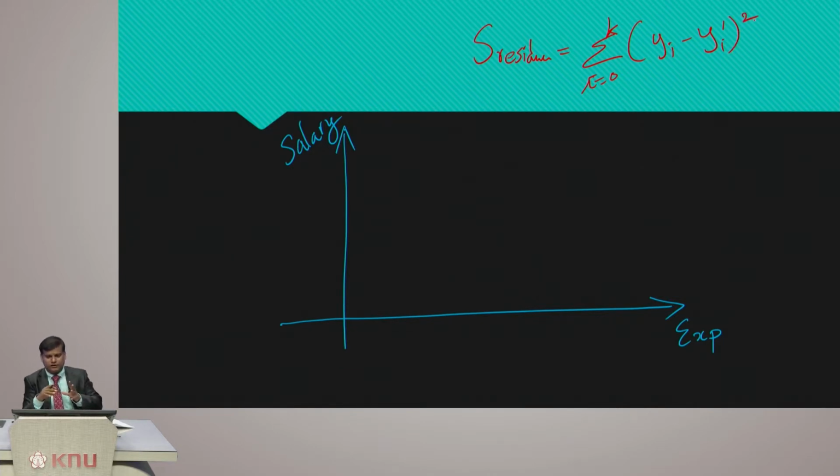We square because at times you get negative values, and in order to avoid those negative values, we square it so that we get only positive values. Now we are going to introduce another term, which we will call R square.